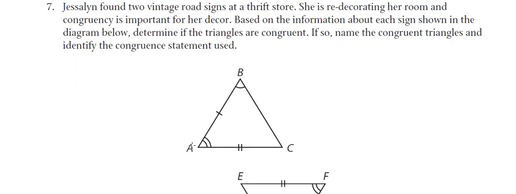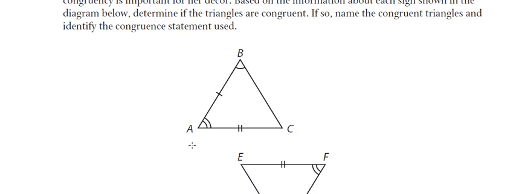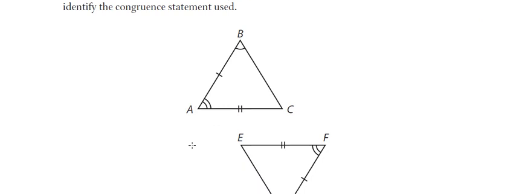All right, so 7 and 8, they're just asking us to think about the relationship that happens here. So here we have some options because we have two angles. If we're looking at both of these here, you have that A is the same as F, so you've got an angle that's the same. You've got that C is the same as B, so that's another angle that's the same.